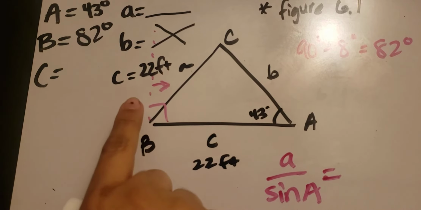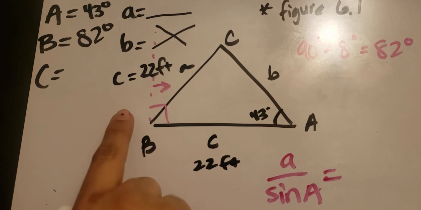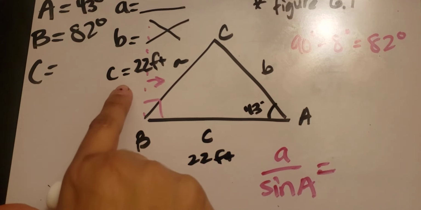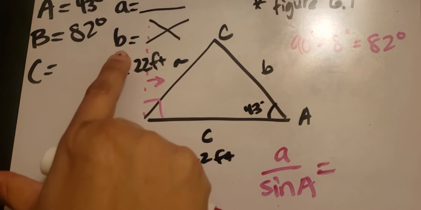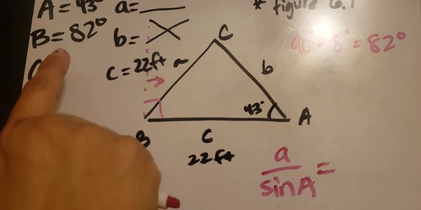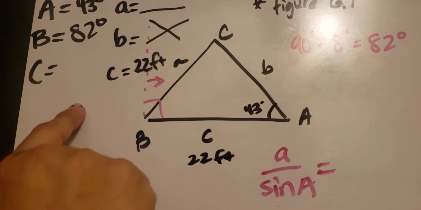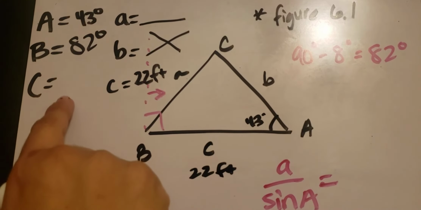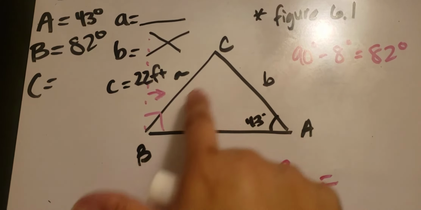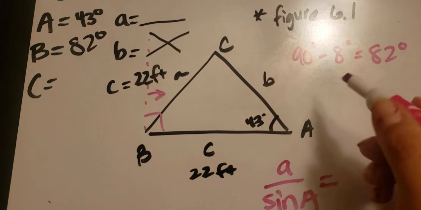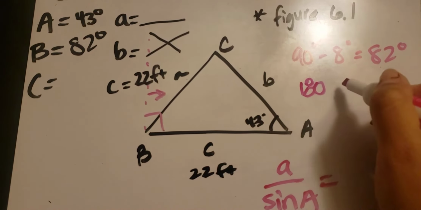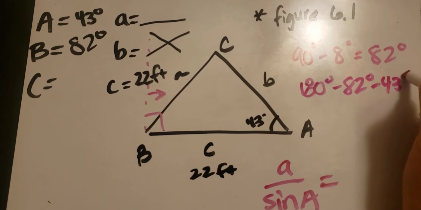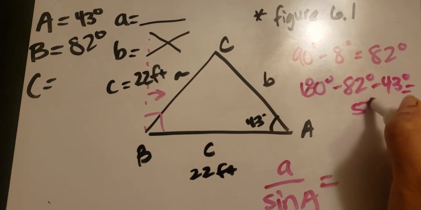Notice we have side C, but we don't have side B, but we have angle B, but we don't have angle C. Right off the bat, the first thing you can find is this angle. Remember, all three angles in a triangle add up to 180. So 180 minus 82 minus 43 gives me 55.